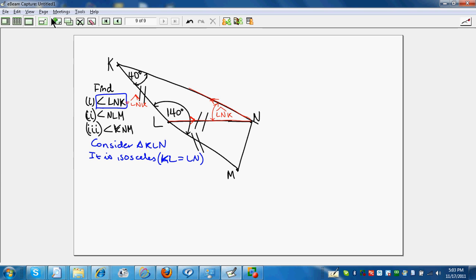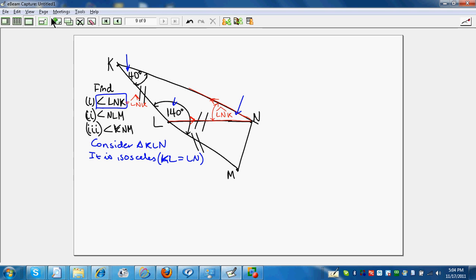And where the two sides that are equal meet will be the apex angle, which in this case is 140 degrees, and the other two angles will be the base angles, and they will be equal. So it means the angle located up at K will be equal to the angle located down at N. In other words, the angle at K, which is 40 degrees, would be equal to the angle LNK, which is what you want to find.